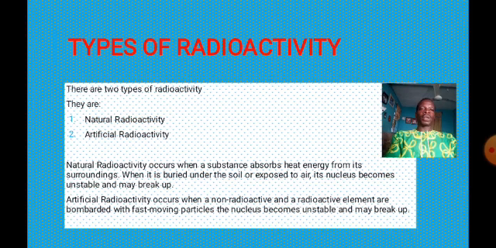Its nucleus becomes unstable and may break up, while artificial radioactivity occurs when a non-radioactive and a radioactive element are bombarded with fast-moving particles. The nucleus becomes unstable and may also break up.